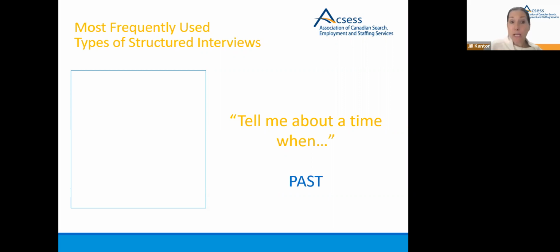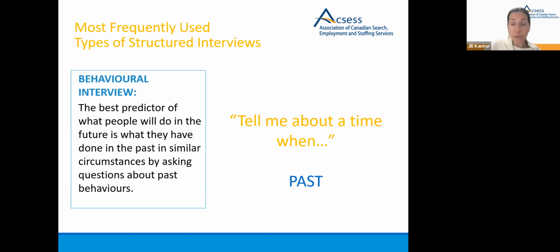Some frequently used types of structured interviews could be things like behavioral style interviews. I do like to inject this in interviews. I'm not running a desk anymore, but I do some interviewing for our own internal hiring. I always train people, when you're interviewing a candidate, ask your set of questions, but also ask some behavioral style questions so that you know how they're going to respond.